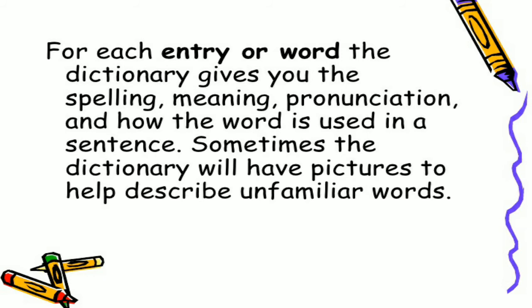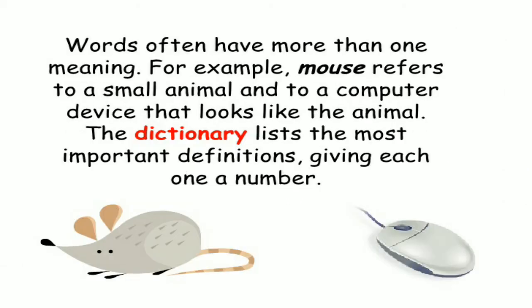For each entry word, the dictionary gives you the spelling, meaning, pronunciation, and how the word is used in a sentence. Sometimes the dictionary will have pictures to help describe an unfamiliar word, and words often have more than one meaning.